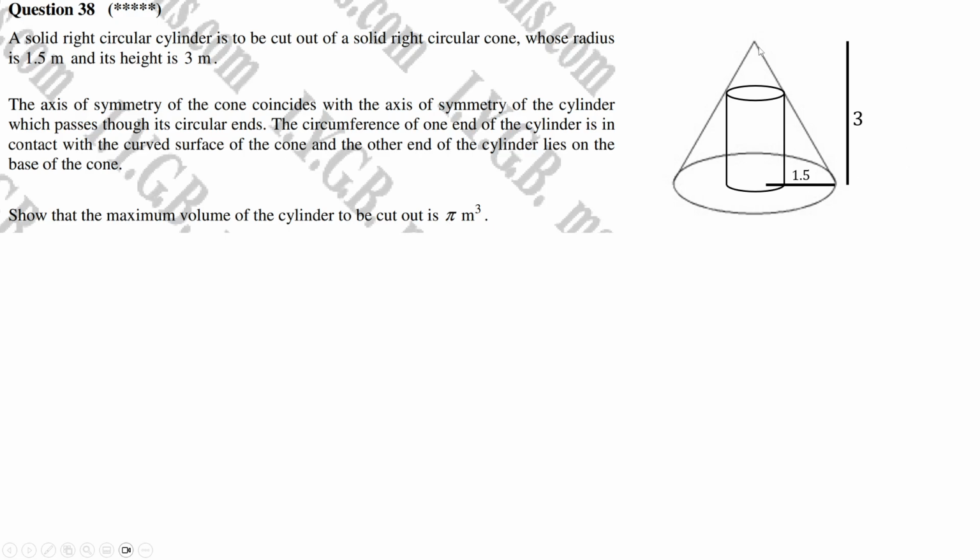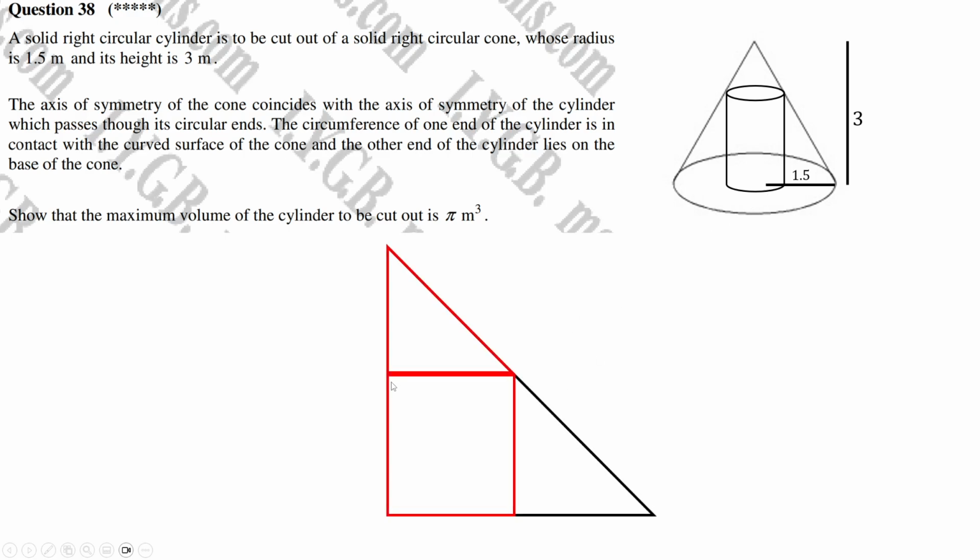Okay, so you can imagine this. So imagine we bring this height here, and imagine we just look at this triangle here. I'll draw it here. This is the cylinder, and it touches this cone here. We've got height h, and then we have this bottom length here, which is 1.5.